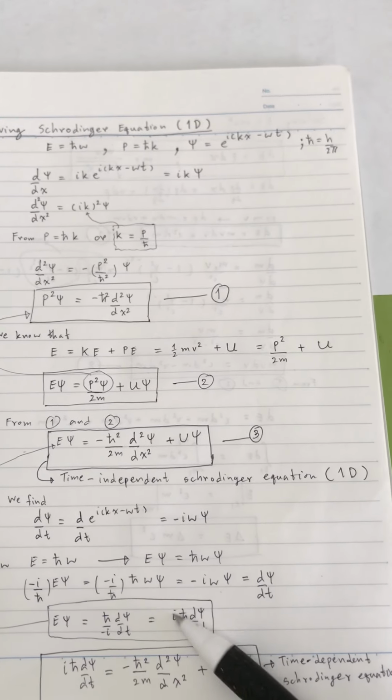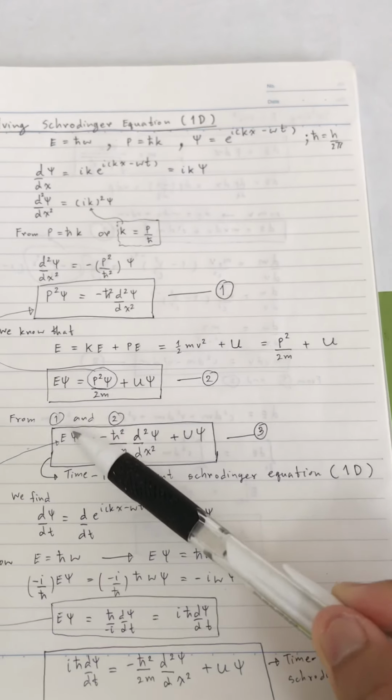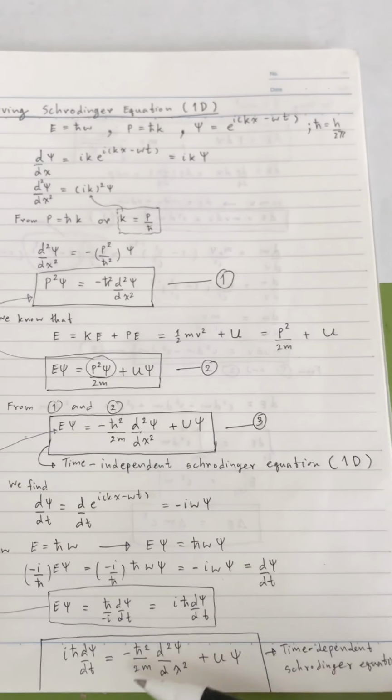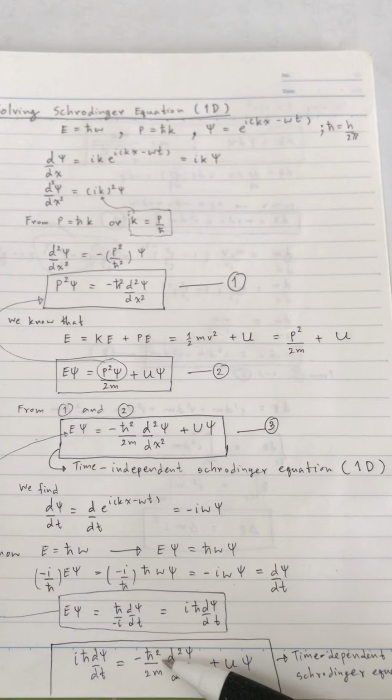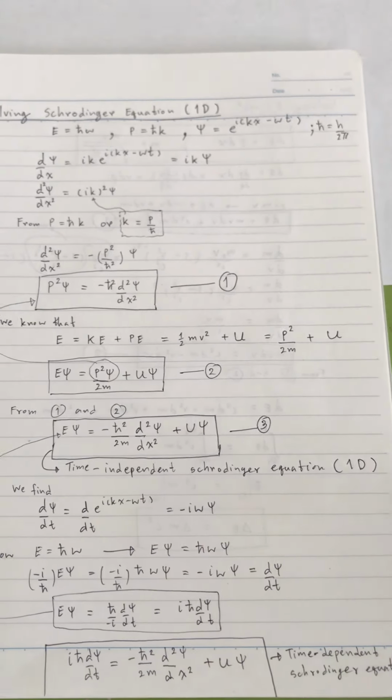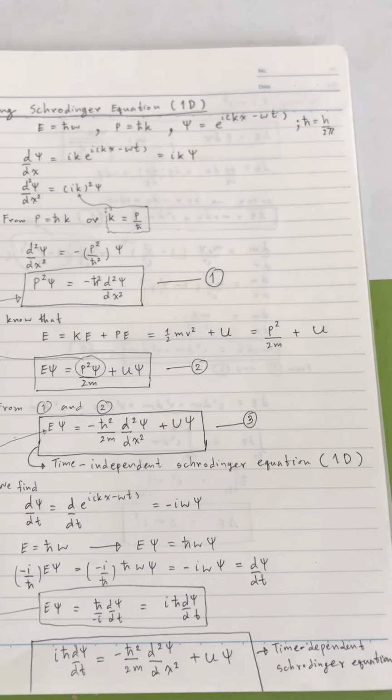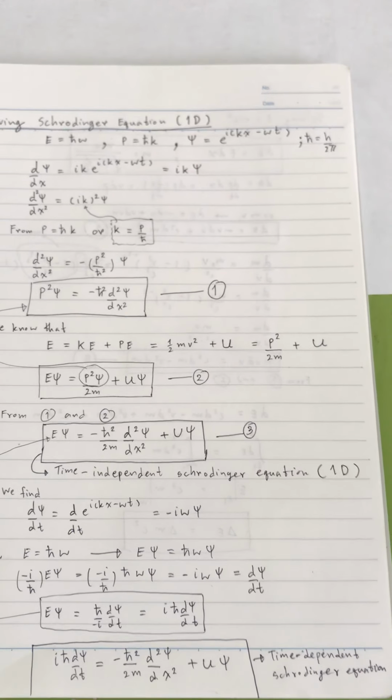So we replace this term into this equation, and finally you obtain this equation. And this equation we call the time-dependent Schrodinger equation in one dimension.